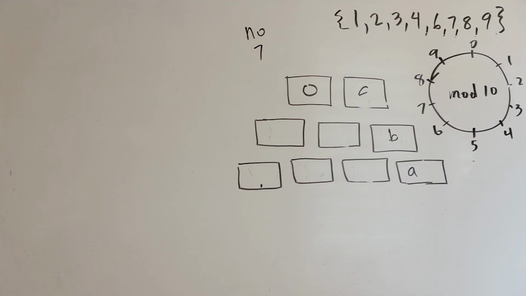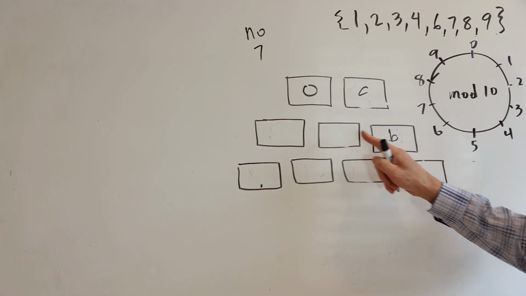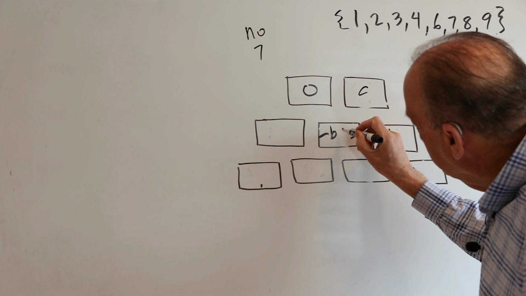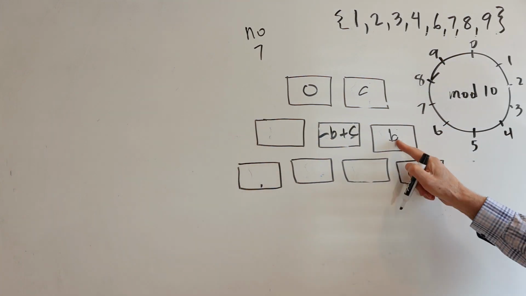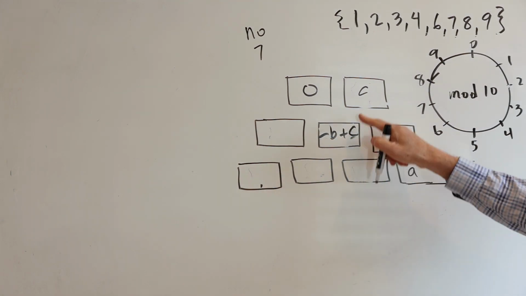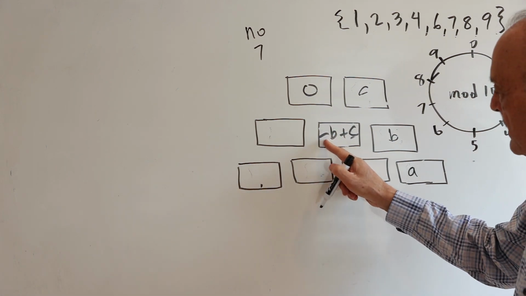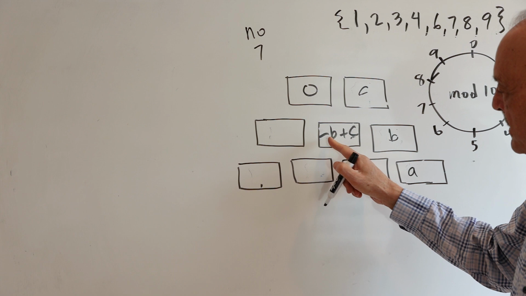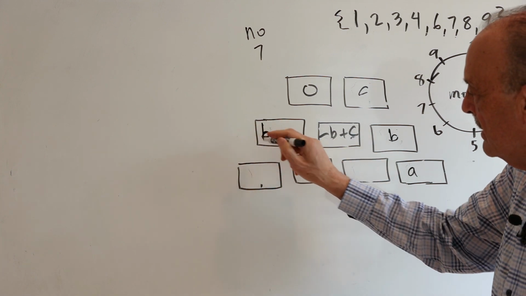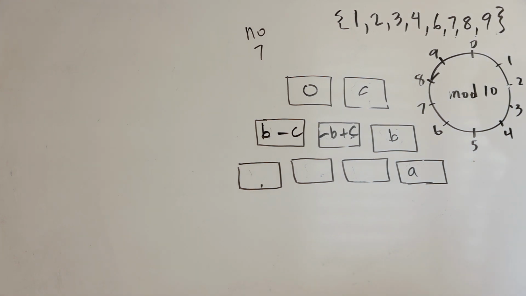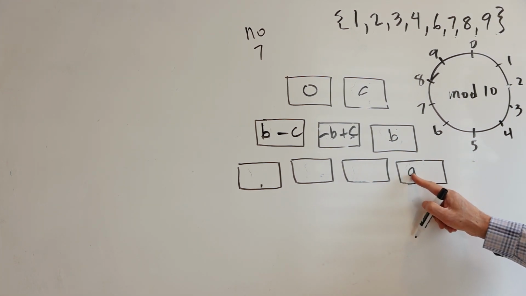So now to continue with the algebra, B plus something adds up to C. Negative B plus C. So the B and the negative B will cancel, and the C will survive. And then here, I'm going to cancel the negative B and the C. So I cancel negative B with positive B, and I cancel C with negative C. And then here, I need to cancel the A and have B survive.